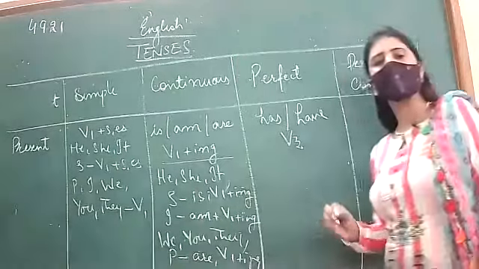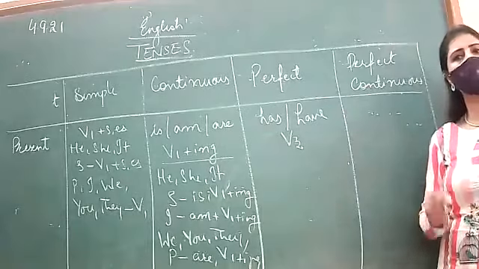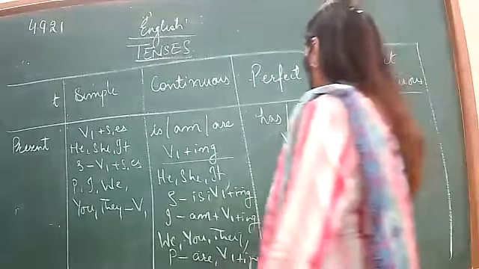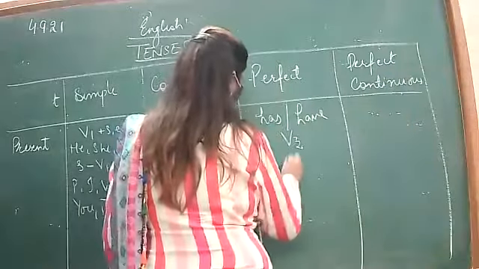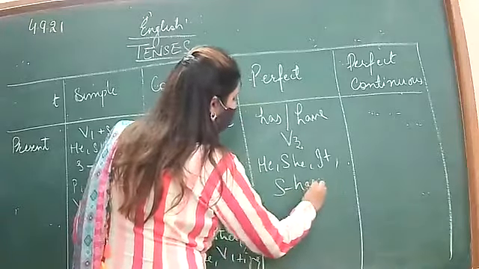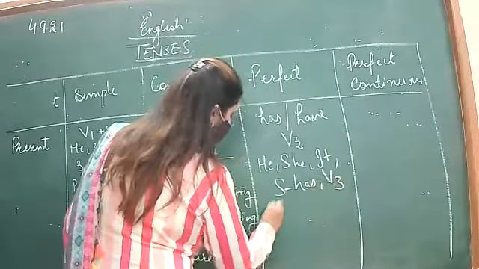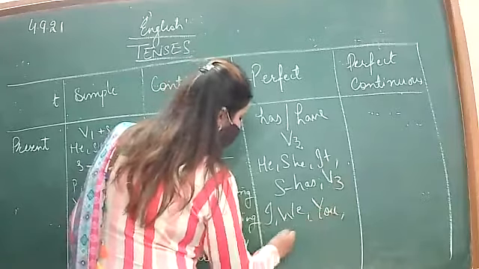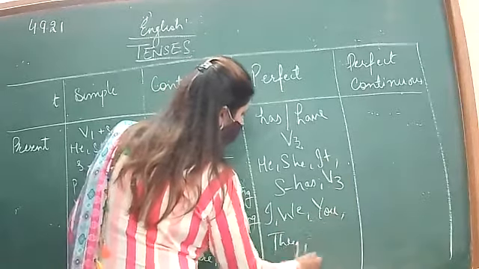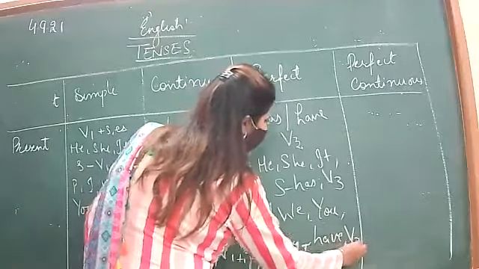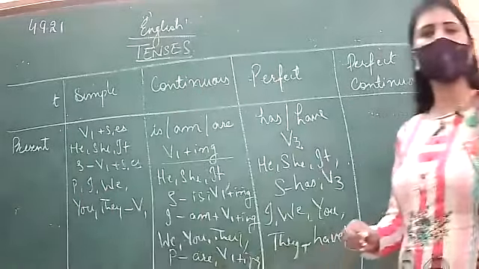With he, she, it, singular, has and the third form of the verb. With I, we, you, they, have and the third form of the verb is used.